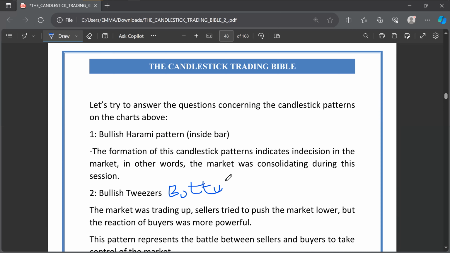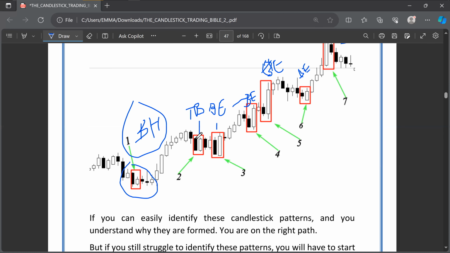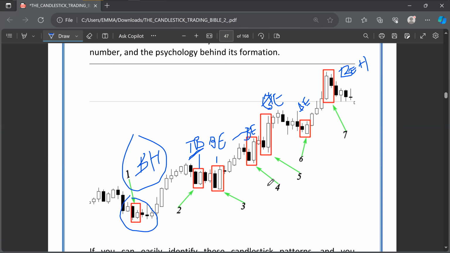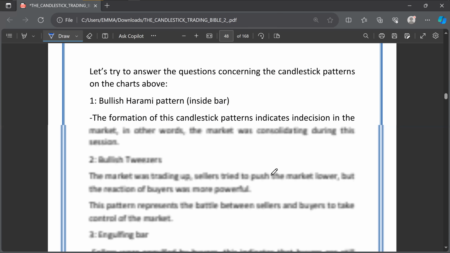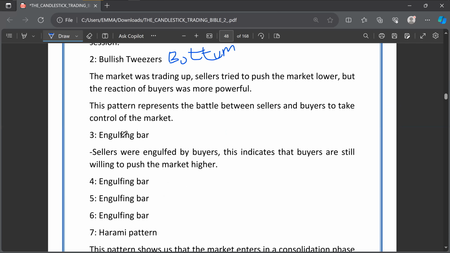It's as simple as that. Tweezers bottom, that's true. Yes, tweezers bottom. Then 3 to 6 is bullish engulfing. That's 4 of them. So let's go and see. Look at that. Of course.